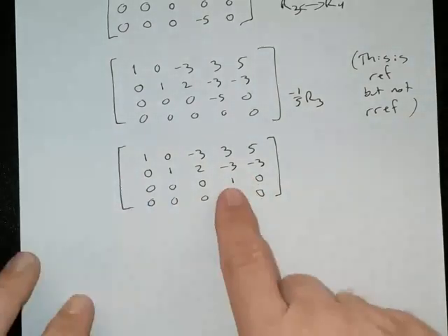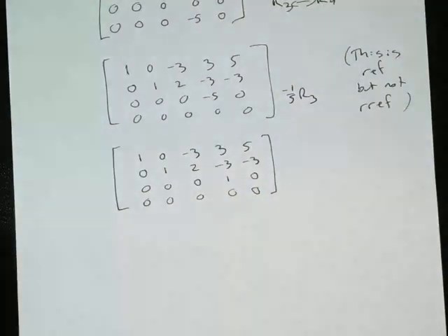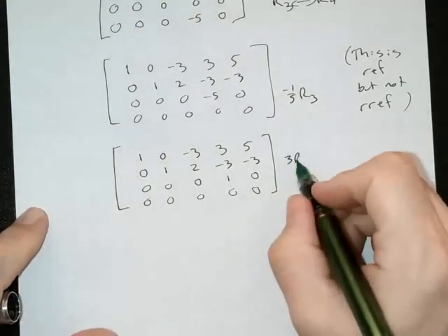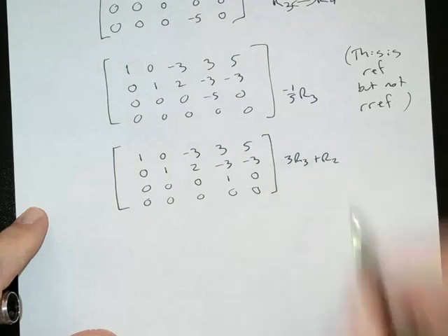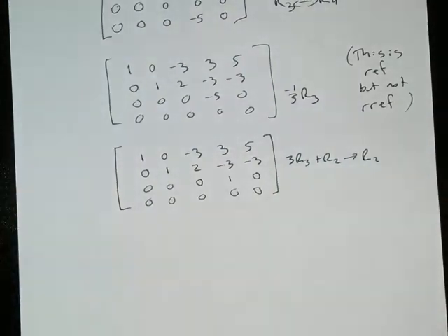Okay, wait a minute. Positive 3, right? But I'm using row 3. That's the pivot row at this point. My 3rd pivot over, I'm using row 3. So I need to get rid of this. I take positive 3, row 3, to add to row 2. Exactly like you said, Jack.